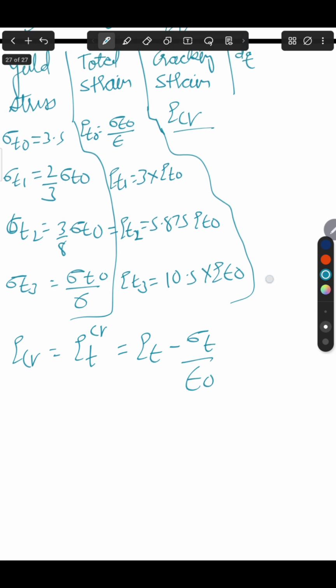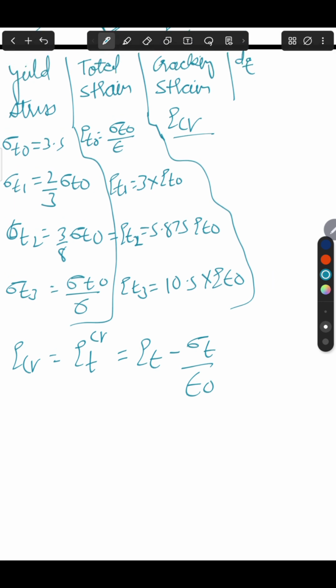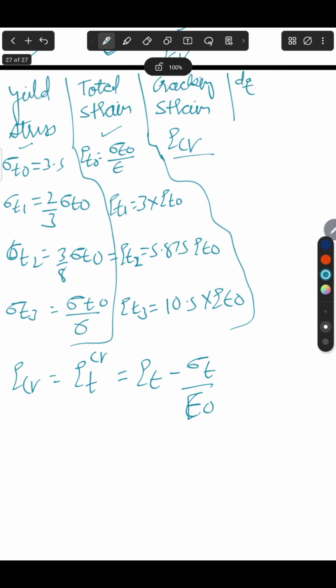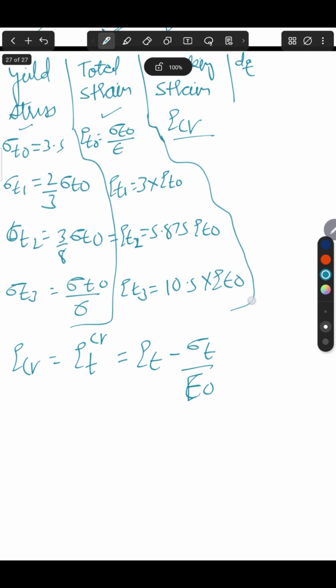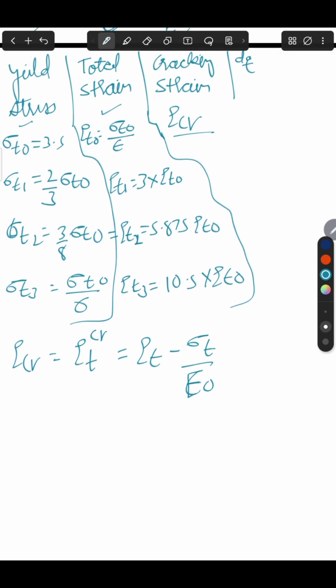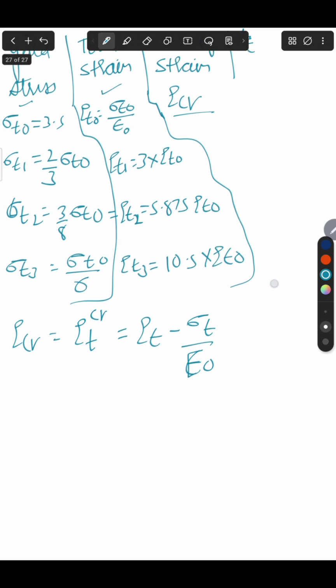For every value of sigma T we have ET naught, or we can say ET. We can now find ECR using this formula, and E naught we have already got from our compression, so we have to use this one. And here this is the same value of E naught.